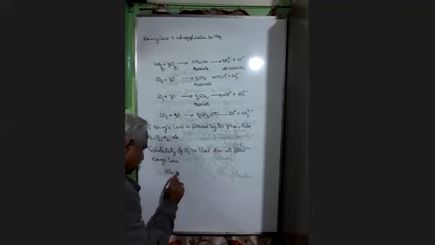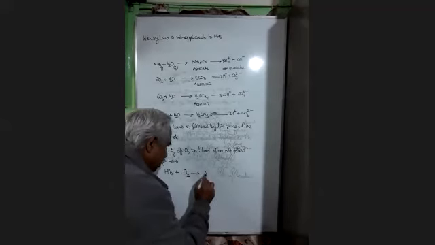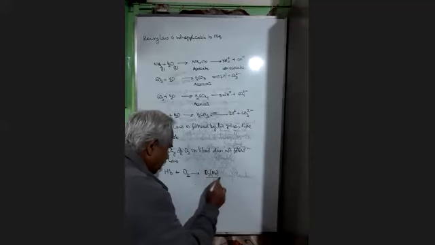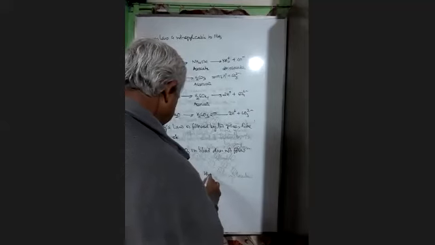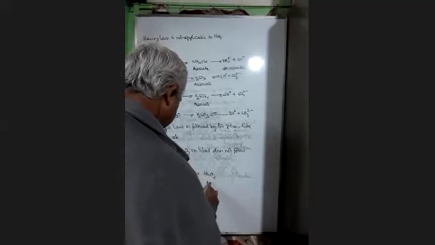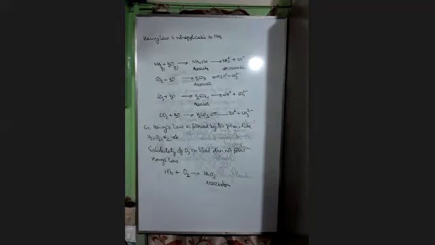When you inhale air, oxygen is being absorbed in the blood, but not the carbon dioxide. Why, you know? Because oxygen associates with the blood. So please remember this for your entrance exam.